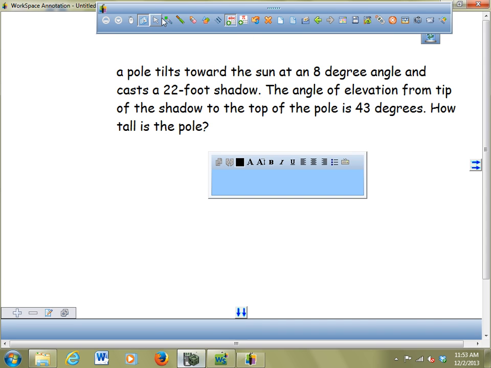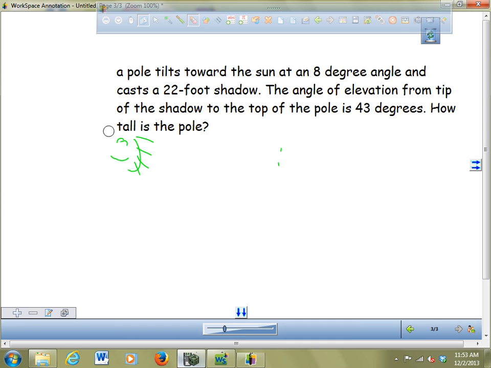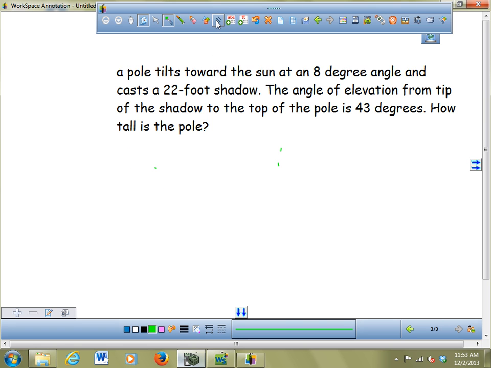Okay, so the first thing that you want to do is probably draw a picture of this situation, right? So here's the sun over here. That's the sun. It's smiling down upon us. That's a bad sun. Okay. Anyway, the sun is sitting over here.